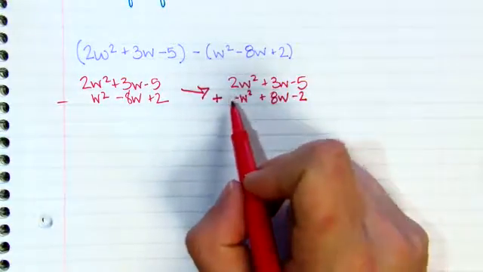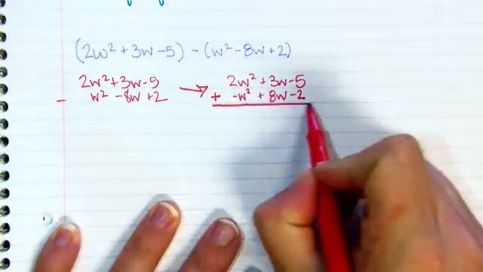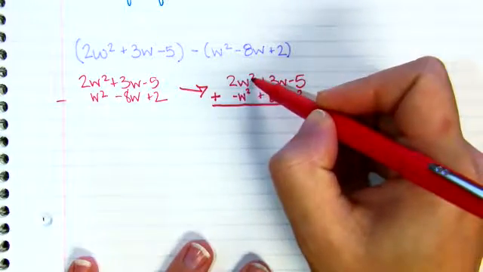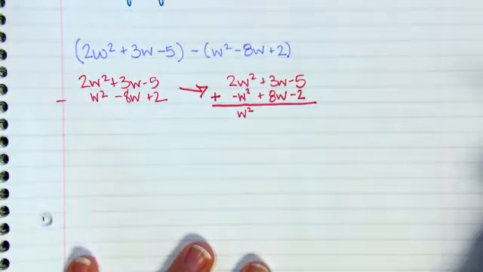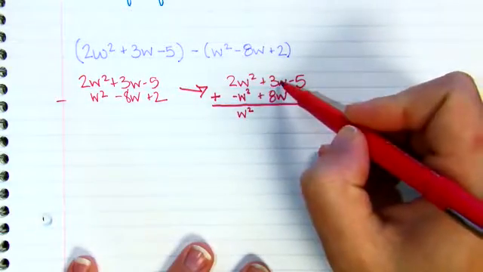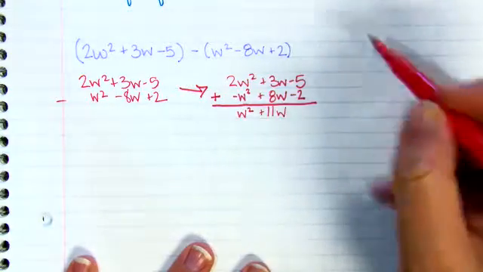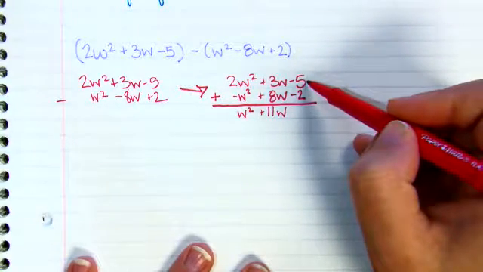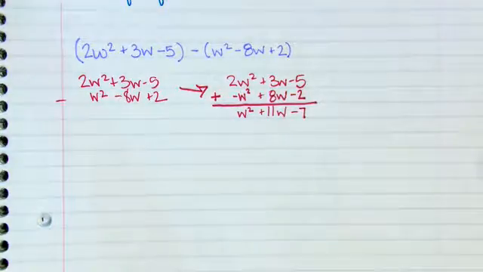So if I change the signs of each term, then I can change this to addition and follow my rules from before. I have 2w squared. I'm taking away a w squared, so I have a w squared left. I have 3w, and I'm adding an 8w. That makes 11w. I have negative 5, and I'm taking away 2 more. That makes negative 7, or subtracting 7.